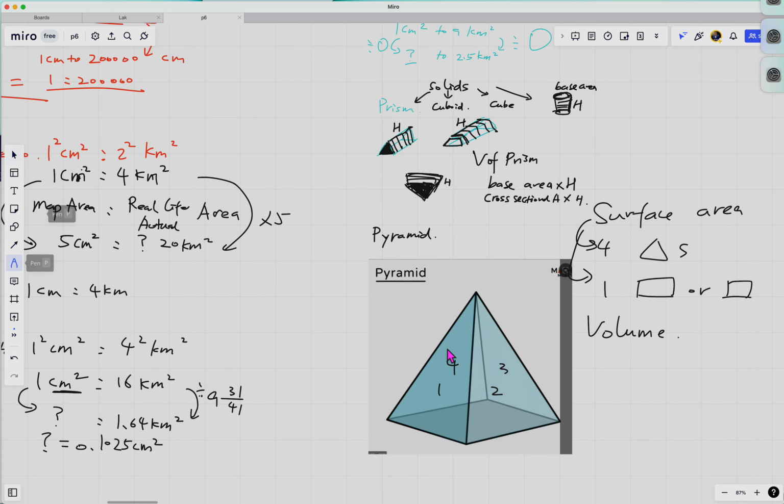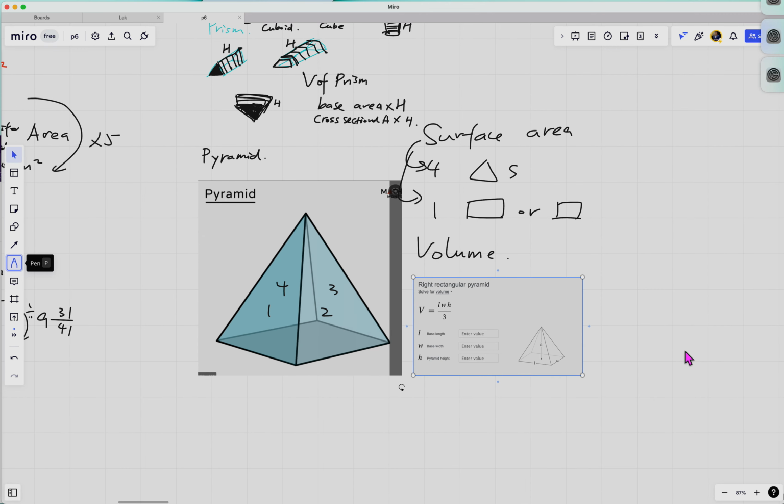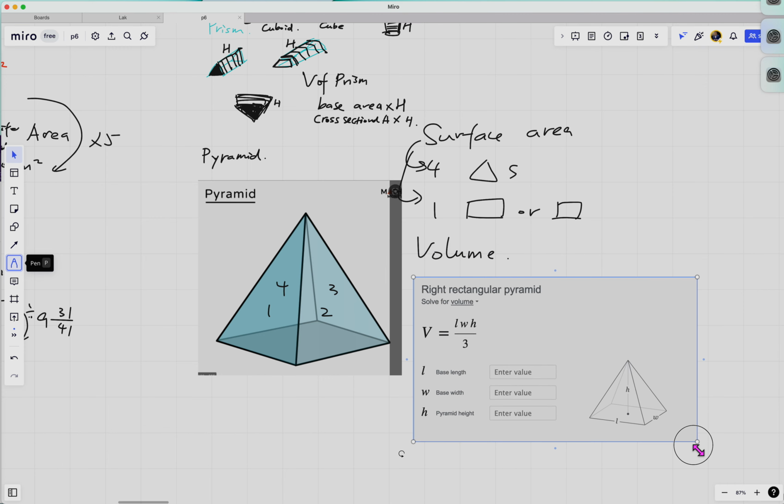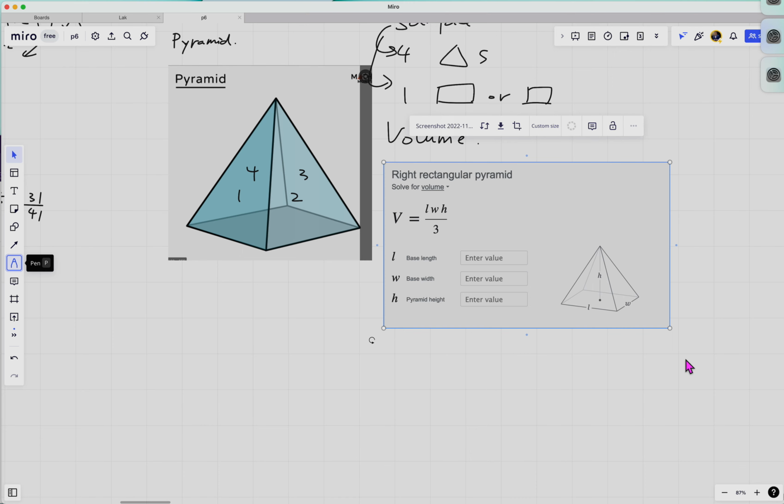The volume formula you just memorize, like the formula for a triangle: half times base times height, right? Same thing over here: V, volume, is equal to L times W times H divided by 3. Of course we don't know what L, W and H are, so let's look at them one by one.